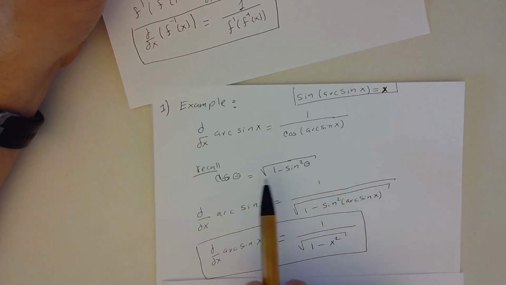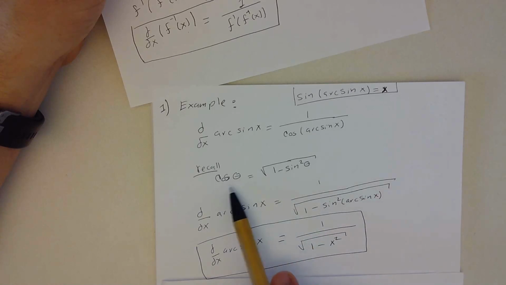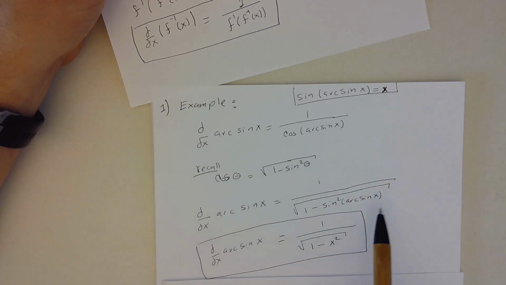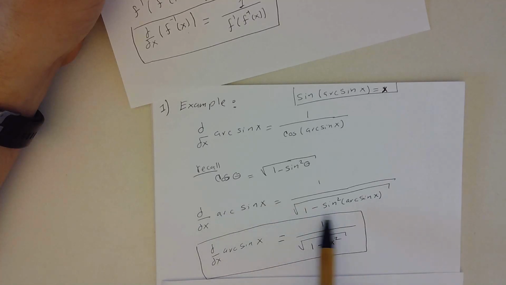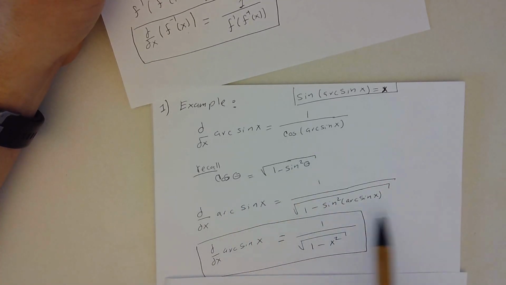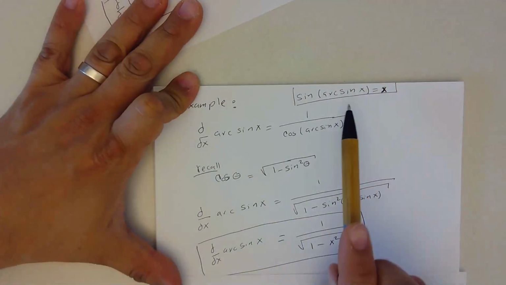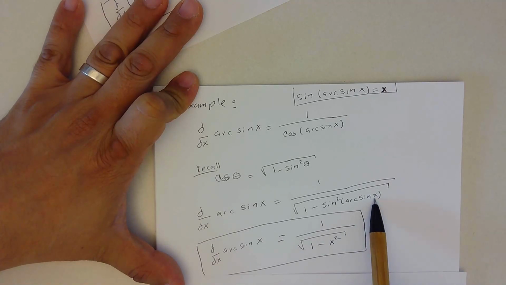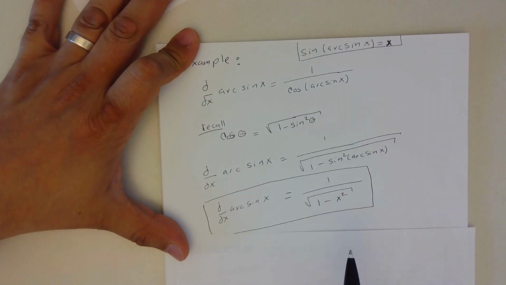This also comes from the Pythagorean identity. Therefore, I can do the substitution: this cosine becomes this square root, and this part, as we know, is also x, so we can substitute that back to x, and we will have the derivative of the arcsine of x.